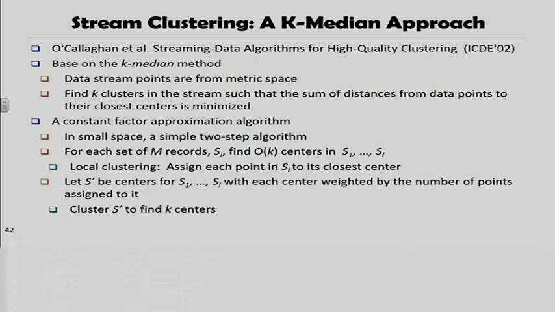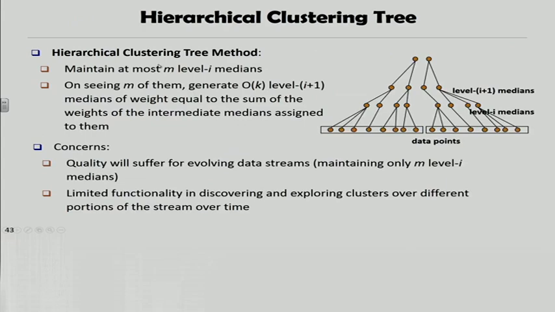But I will first introduce Motwani's algorithm. Motwani's algorithm is a stream data algorithm for high quality clustering. They give an example called K-median. You try to use the K-median method to do clustering. I will show you what they are doing.